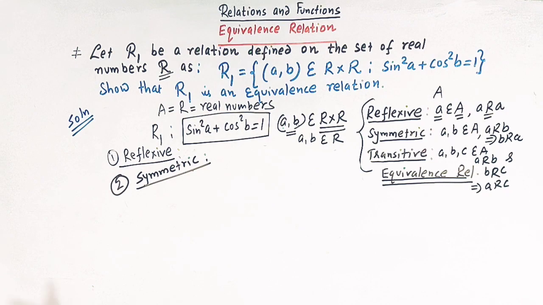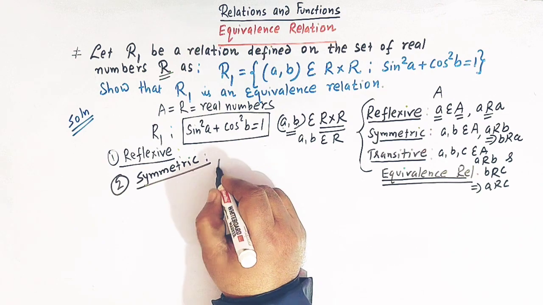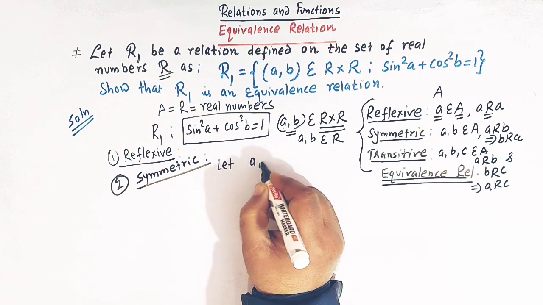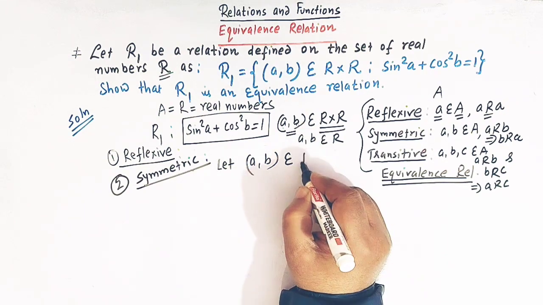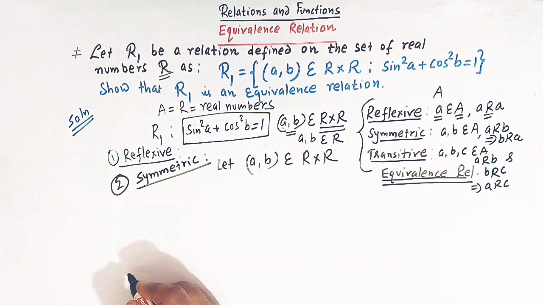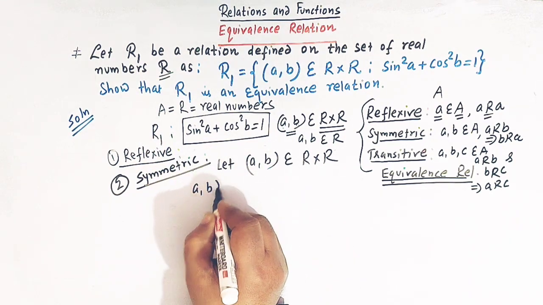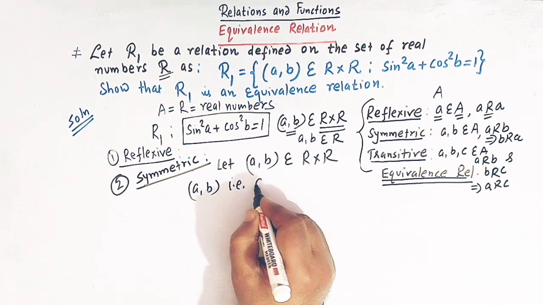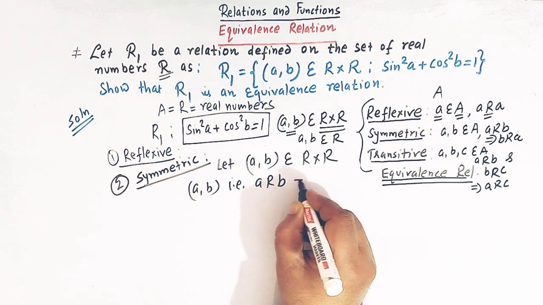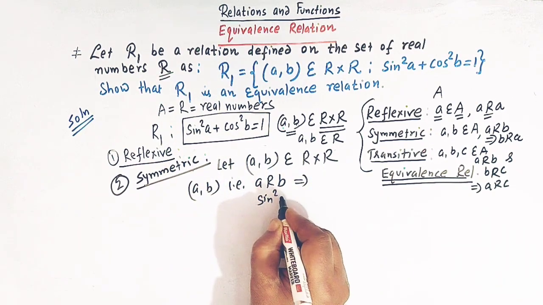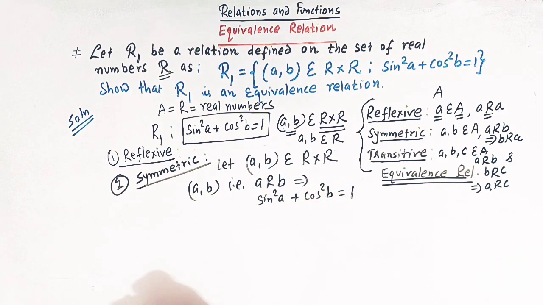Now let us see whether this relation R1 is symmetric or not, right? So let us again consider the ordered pair (a, b) belonging to R cross R, right? Now see, when we have (a, b), that is a is related to b, then we have this relation, that is sin squared a plus cos squared b is equal to 1, right?